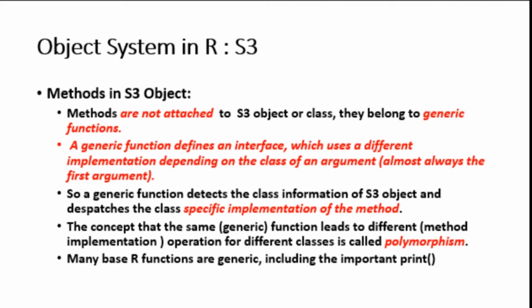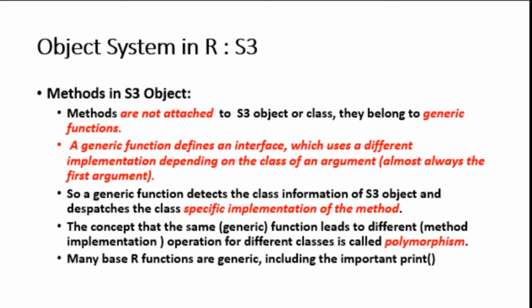One fundamental difference between S3 objects and classical object-oriented objects is in the use of methods. In S3, methods are not directly associated with objects or classes. Rather, methods belong to generic functions.